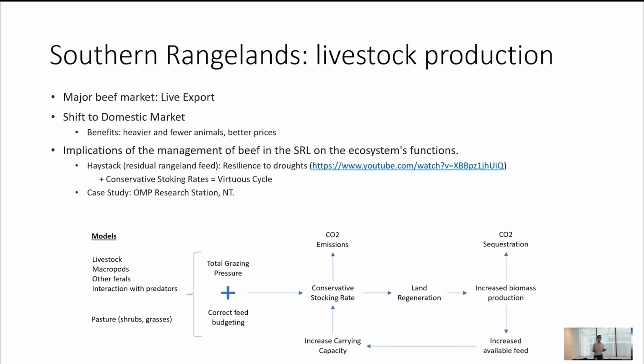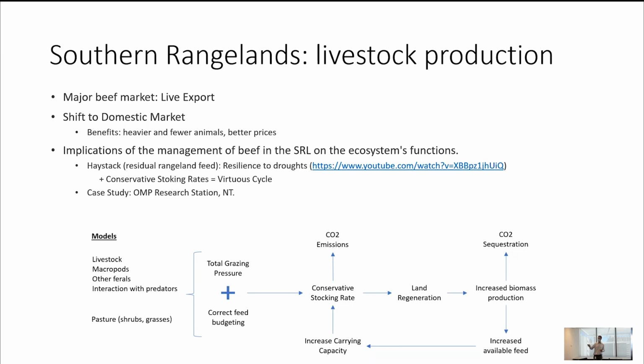Haystack is the residual feed which stands in station and is not fed. You can have a look at that video to understand a little bit more about what that's about. But the idea is that haystack added to a conservative stocking rate will allow us to have a virtuous cycle.